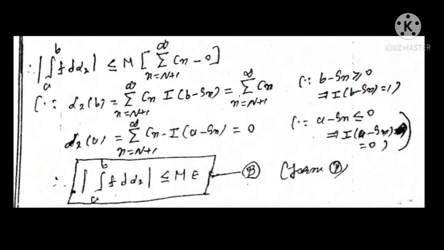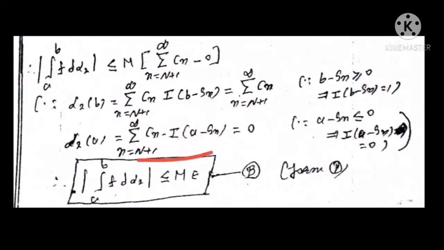Therefore, alpha 2 of b is equal to the sum from n equal to N plus 1 to infinity of Cn, and alpha 2 of a is equal to the sum from n equal to N plus 1 to infinity of Cn times the step function of a minus Sn.